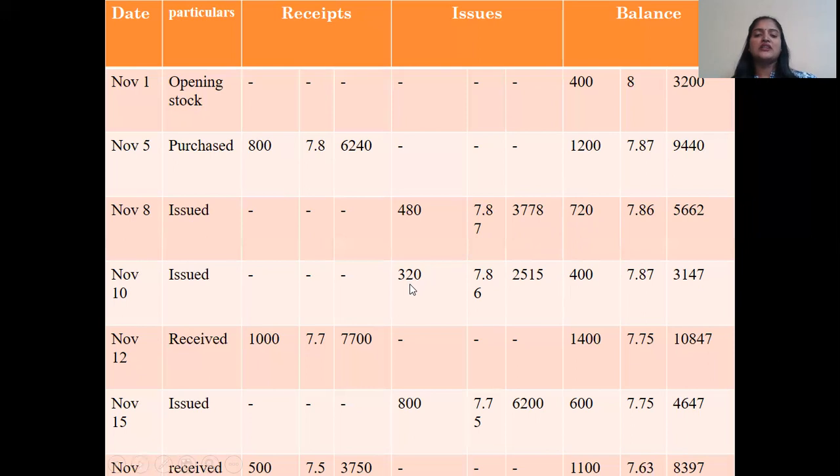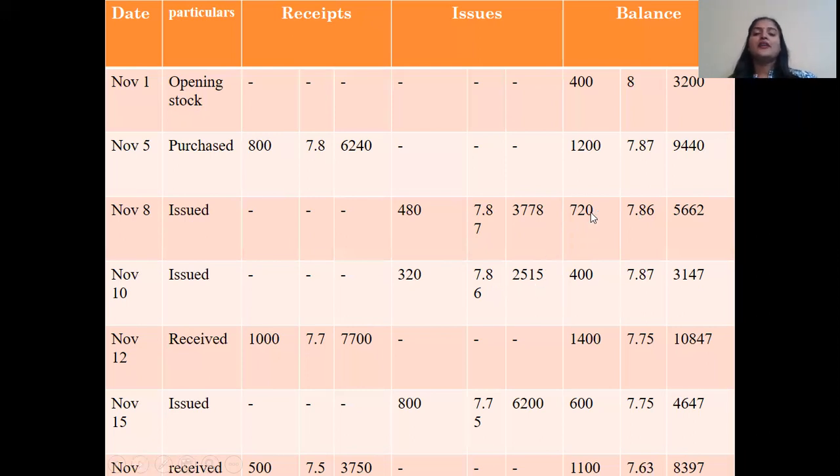Now 320 needs to be issued. What is the cost per unit? Already we have calculated the cost per unit, that is 7.86. Take the same cost per unit. 320 into 7.86 amounted to 2,515.